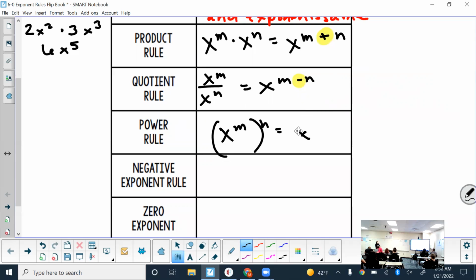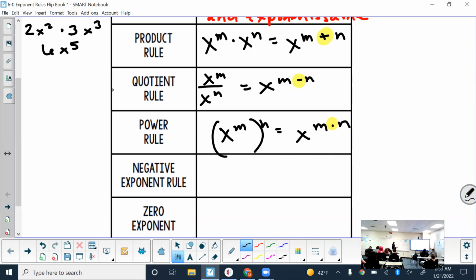In that situation, what are we doing with the exponents? We're multiplying. So notice how whatever the name of the rule is, we do something different with the exponents. Right? The product rule, we add the exponents. With the quotient rule, we subtract them. With the power rule, we multiply them. All right. That's why I'm taking time that we fill out this little book so that you don't get confused. Questions so far?